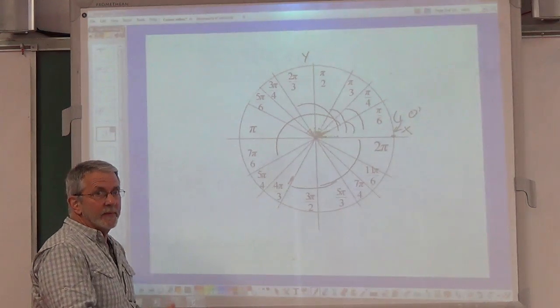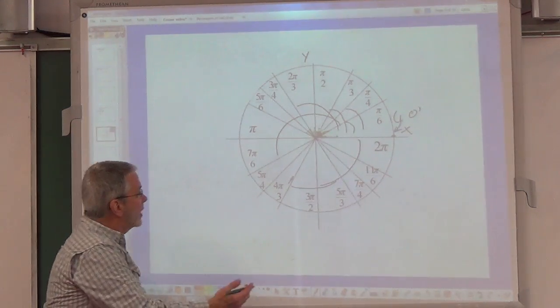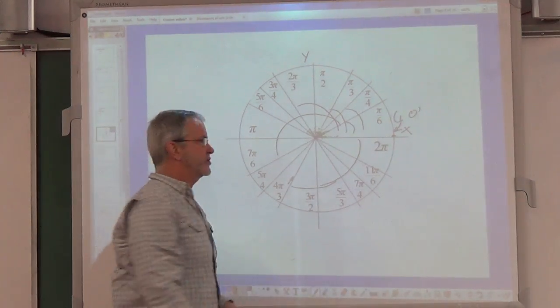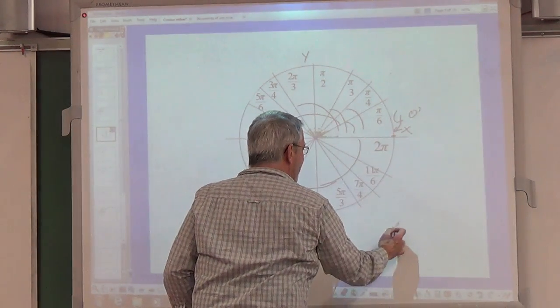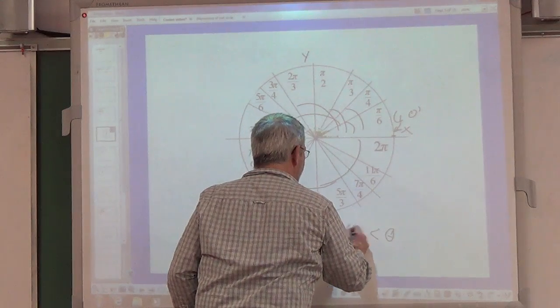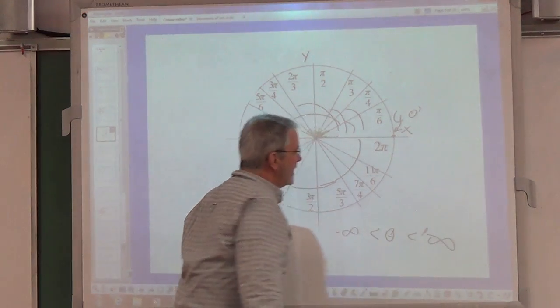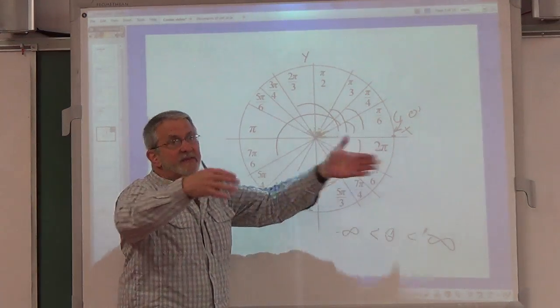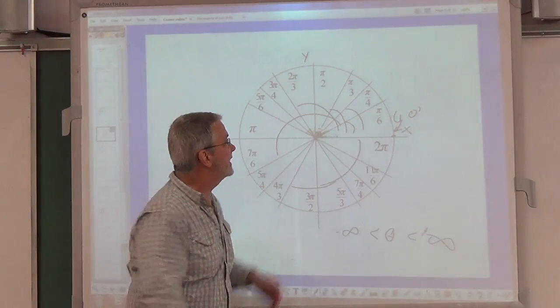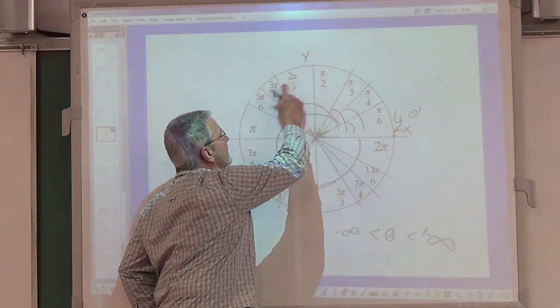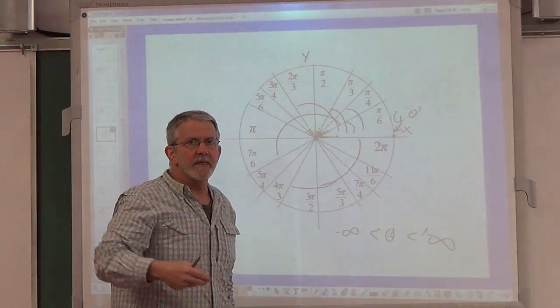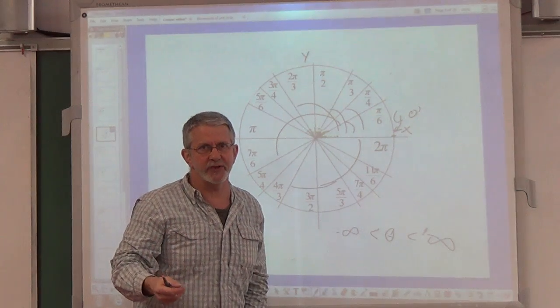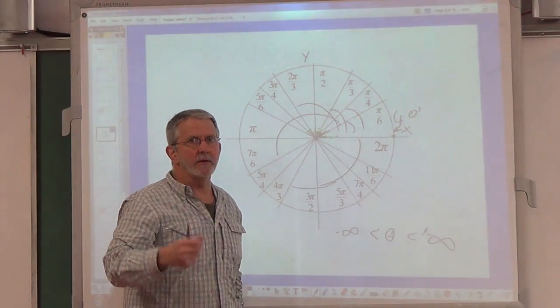Keep in mind that we had no restriction on theta. It was anywhere between negative infinity and infinity. It just so happened that it came out really nice, because we talked about sixths, fourths, and thirds of pi radians.